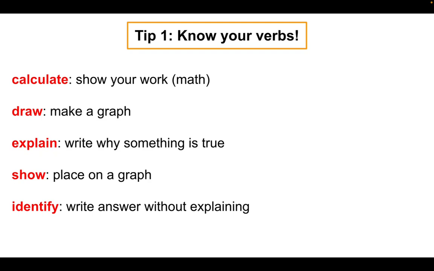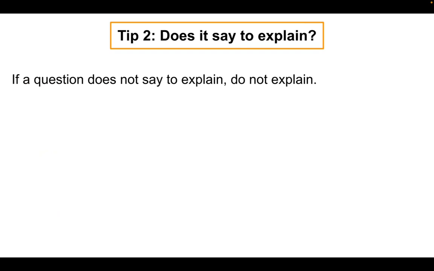All right, so let's look at tip 2, which is: does it say to explain? This is something you're going to often hear me say, which is if a question does not say to explain, don't. The problem is that if you have a correct answer but your explanation is wrong, in many cases, depending upon the AP reader, you're not going to get credit. So you have to be very careful with your answers.